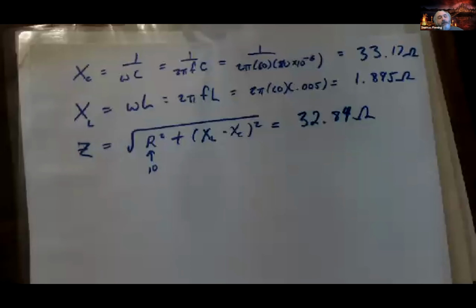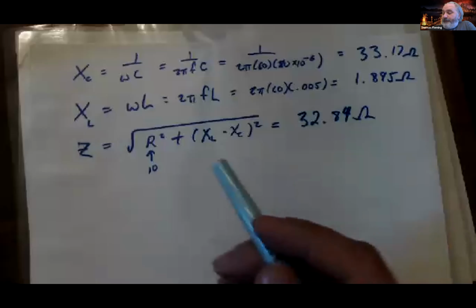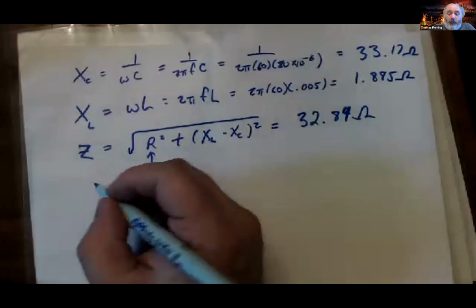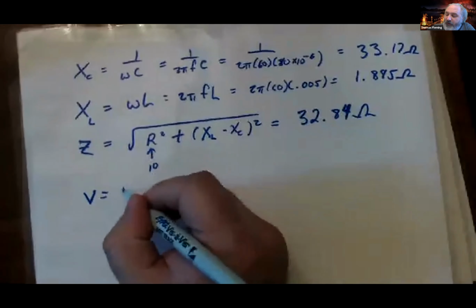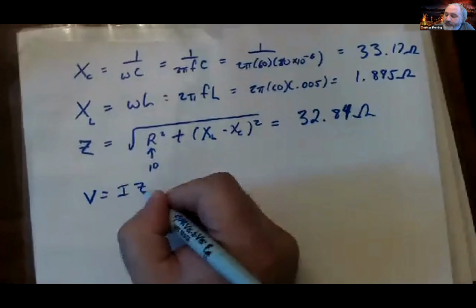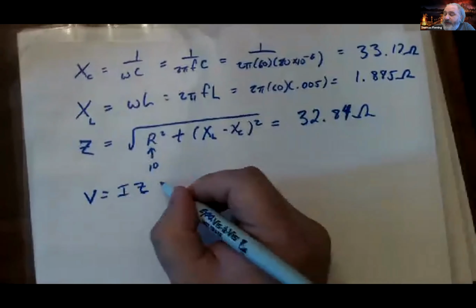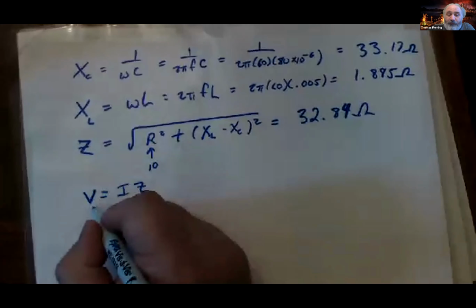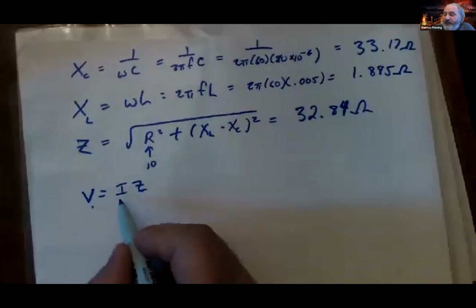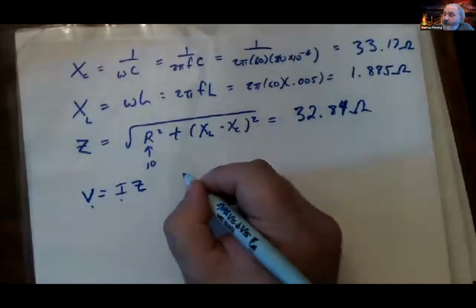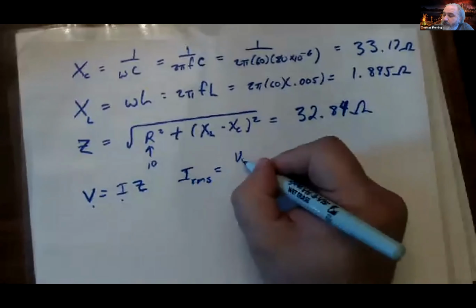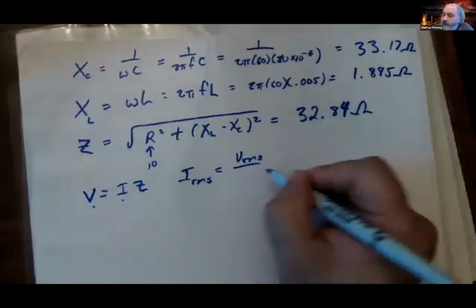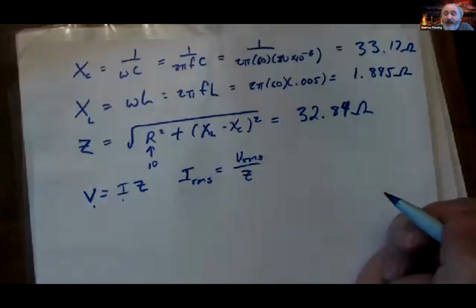So once we know that, what do I do with that information? Well, I know that I can use Ohm's law for AC circuits, which says that V equals I times Z, the impedance. And since I'm given the RMS voltage, if I use this, I'll be finding the RMS current. So the current I can get from that.